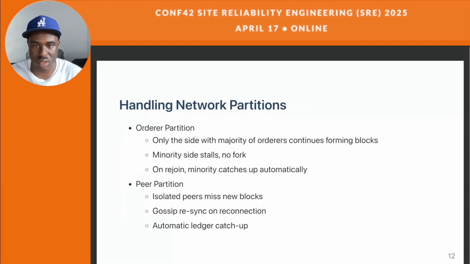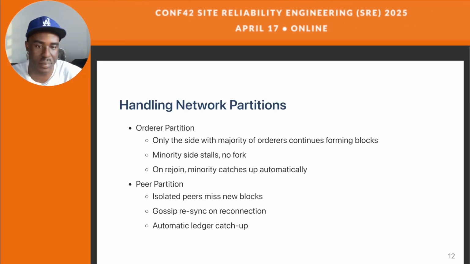So let's look at handling network partitions. Real distributed systems must handle a case where the network itself fails or becomes segmented. So let's discuss orderer partition. Let's say the set of orderers partition themselves. With Raft, the partition that has a majority of orderers would continue producing blocks. The minority side stalls and doesn't create a fork.